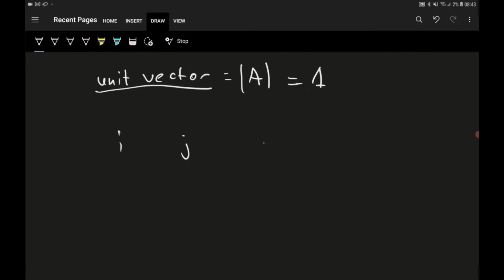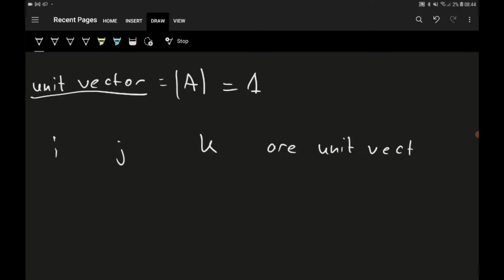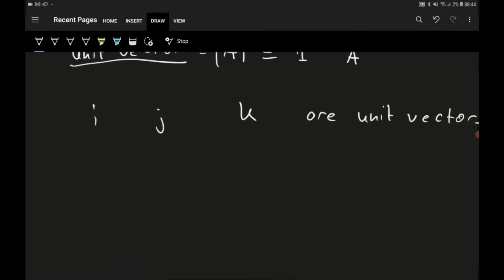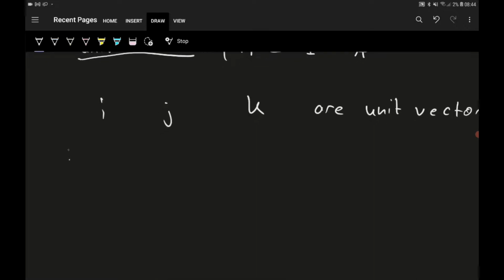So a unit vector is when the magnitude of a vector is 1. I, J, and K are unit vectors, which are, by the way, denoted with a hat. That would be the unit vector of A. So I, J, K are unit vectors in the x-axis, y-axis, and z-axis.